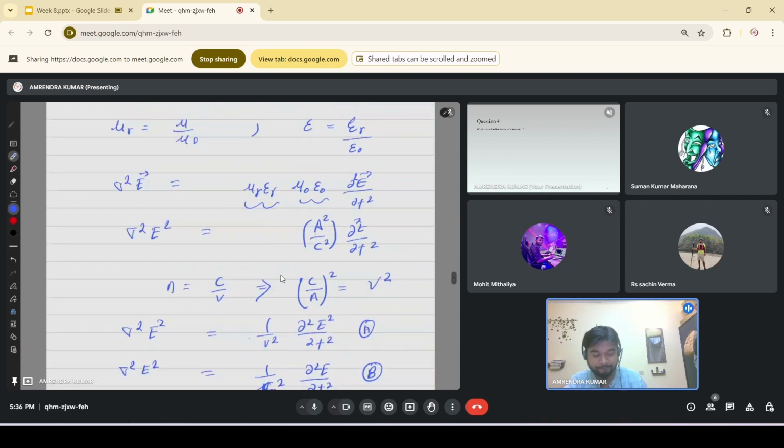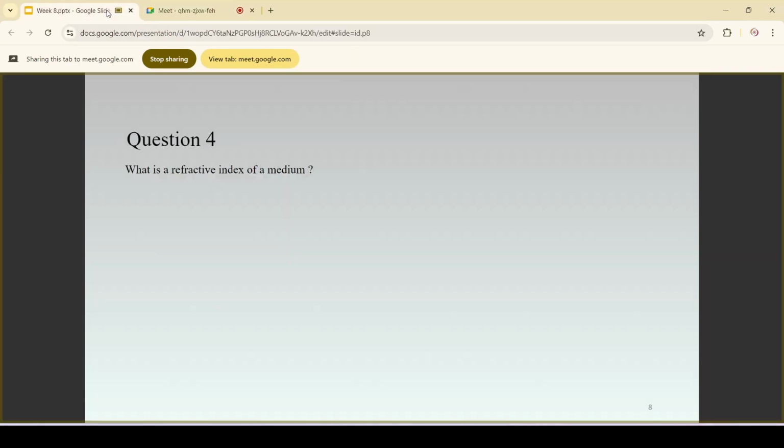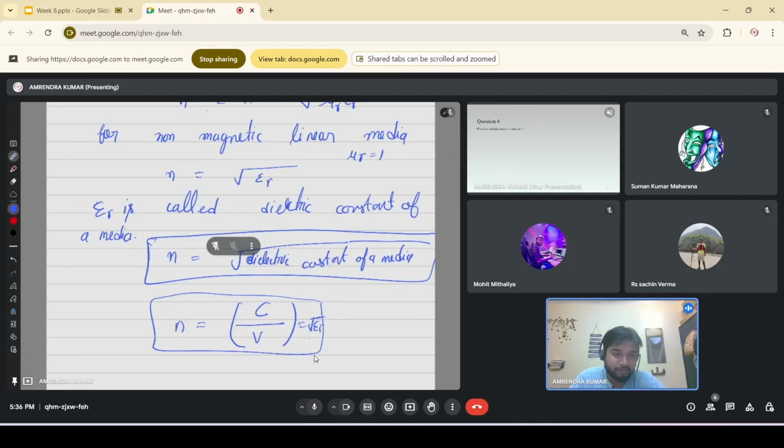Then we derived how this modified Maxwell's equation in a linear media gives rise to a reduced velocity of the electromagnetic wave, and how it is related to the dielectric constant, and hence the refractive index. So we have defined the refractive index in a media. And for non-magnetic media where mu r is 1, we have n equal to the square root of epsilon r. So it's directly proportional to the square root of the dielectric constant.